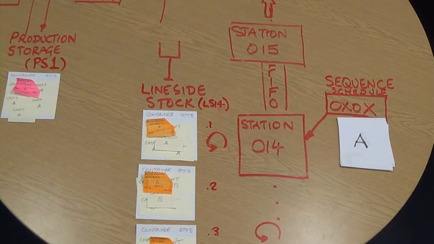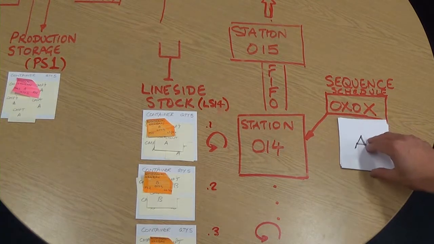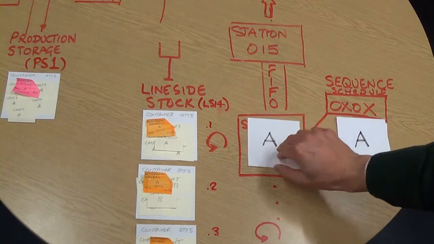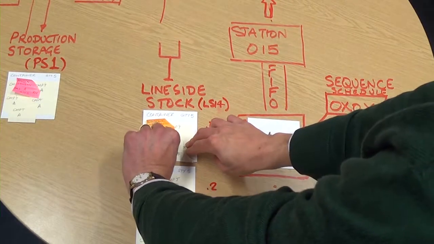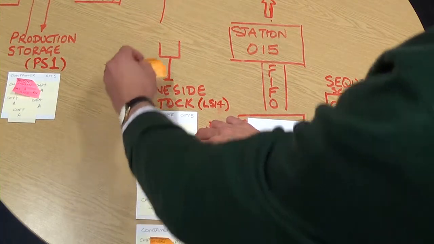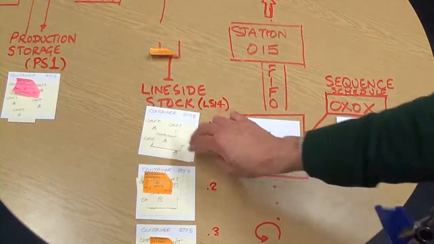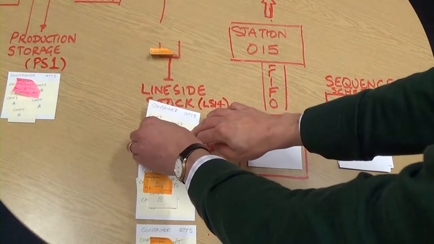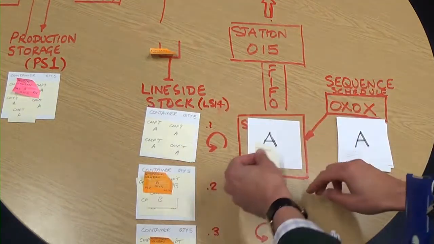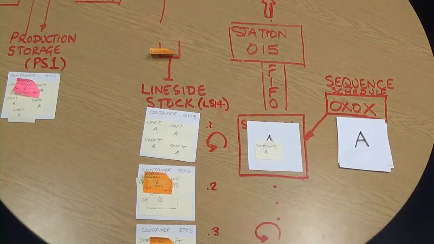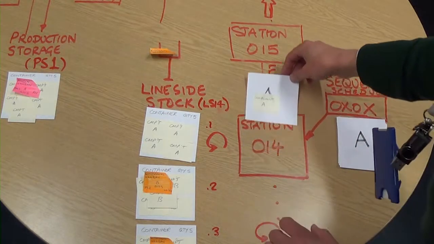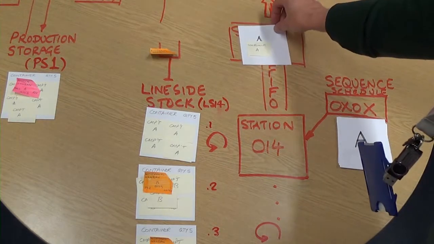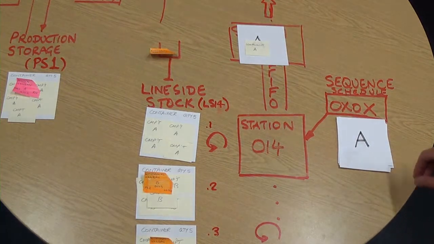So we start manufacturing, we read the sequence schedule, it says make an A, so we get the material for A, and the first thing we do is we take the Kanban off and post it, and then take 1 component A out of the container and do the assembly operation. Time passes, the work is done, and we flow this item on towards station 15, the next station in the sequence.